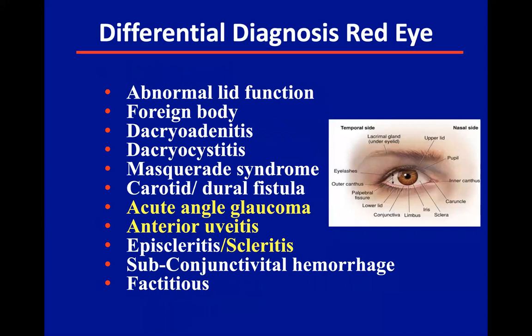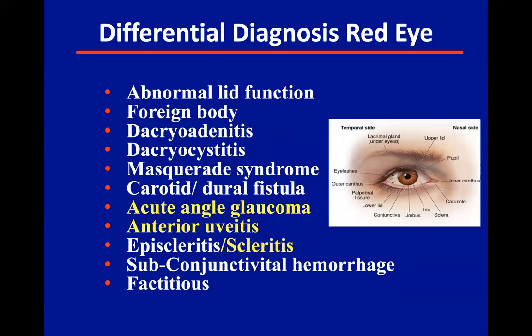So your differential diagnosis of the red eye could be an abnormal lid function, foreign body, dacryoadenitis, dacryocystitis, a masquerading syndrome, anything that's covered by the red eye. Masquerading means something that is actually masquerading, covering up. Your carotid-cavernous and dural fistulas, acute angle closure glaucoma, we talked about that.